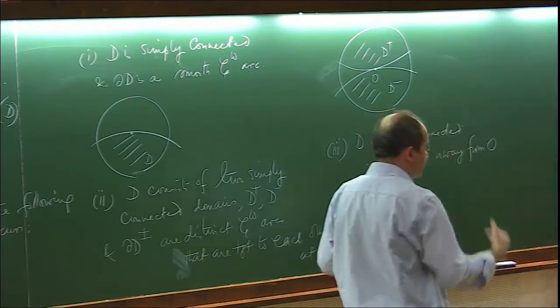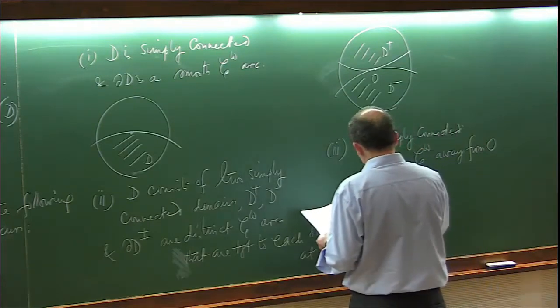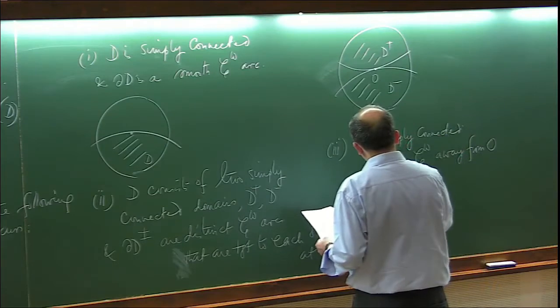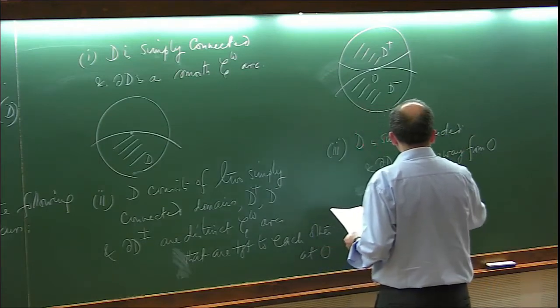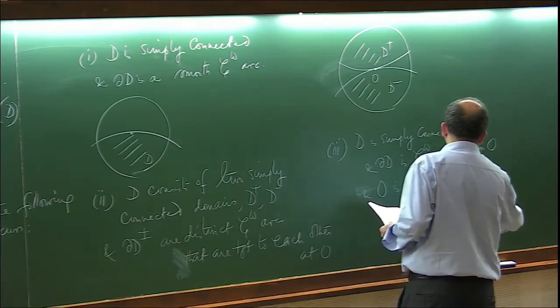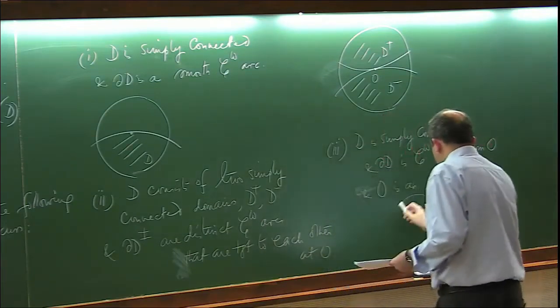There is a singularity at 0. And 0 is an inward cusp. So your domain looks like this.